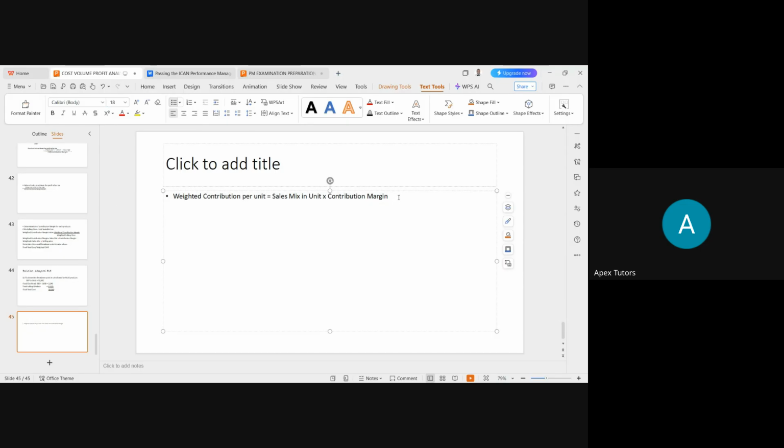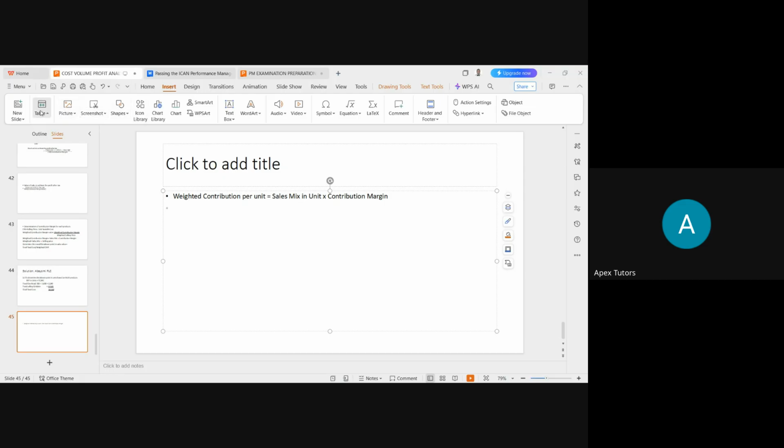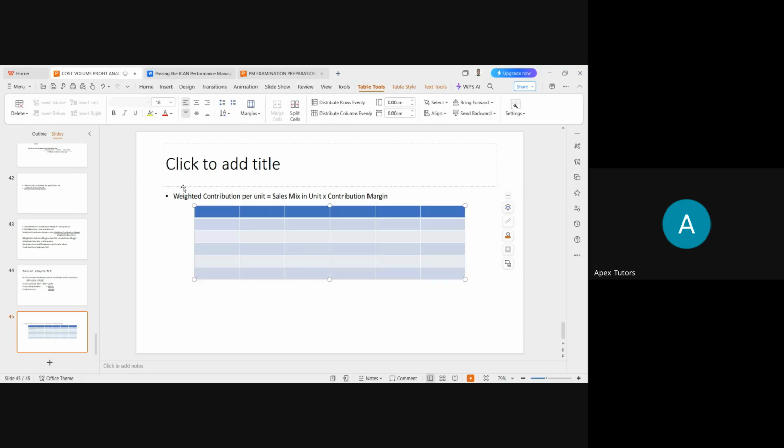So also, for you to know the sales mix in units, what will you do? What will you do to know the sales mix in units? We have two products.